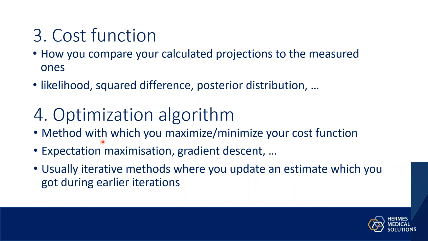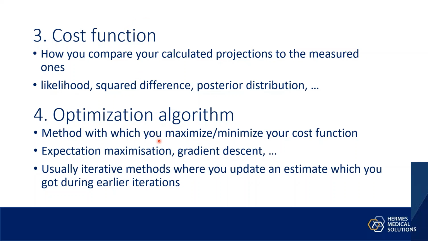And the fourth and last ingredient of a statistical reconstruction method is the optimization algorithm, and this is the method with which you maximize or minimize your cost function. There are different algorithms available: expectation maximization, gradient descent. The algorithm that you can use is usually bound to the cost function that you are using.